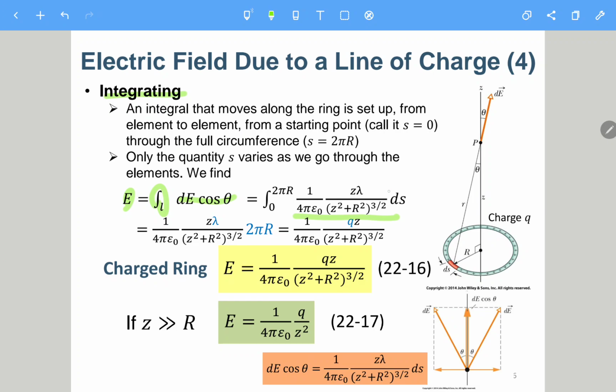The integration variable ds is this ring, so it goes from 0 to 2 pi R, nothing special. All the other variables are not related to ds, which means that we are actually integrating a constant.